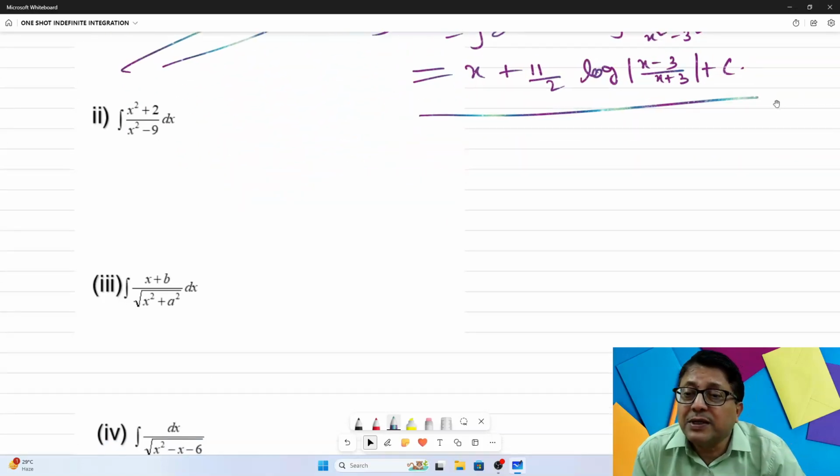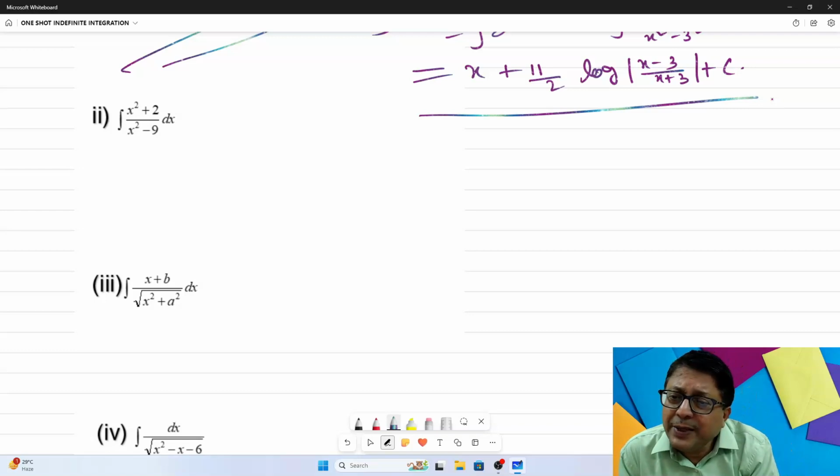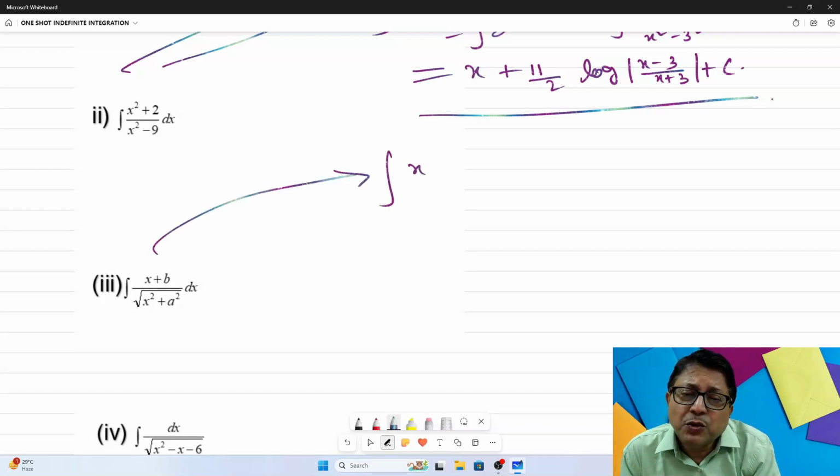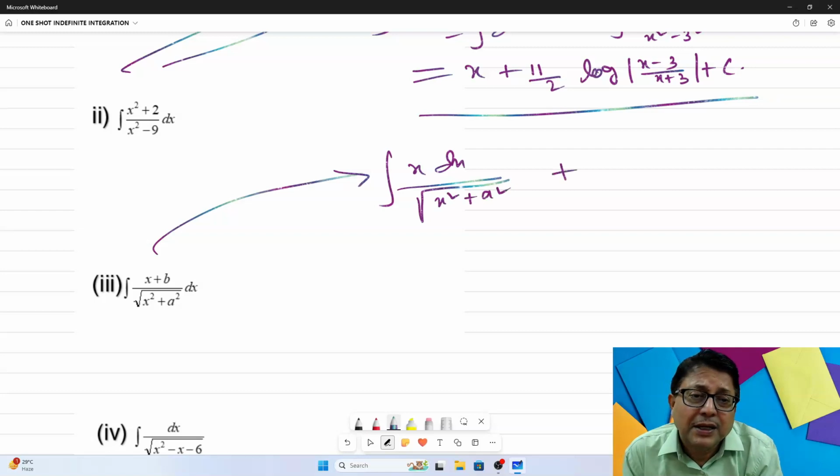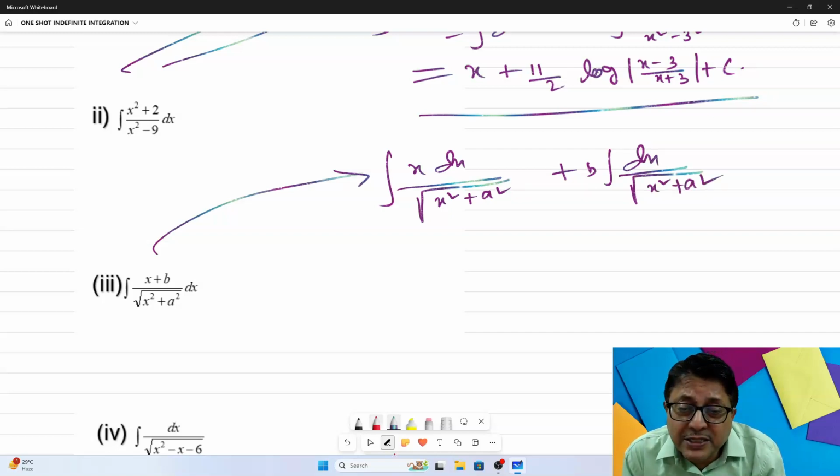And for the next one also a similar problem, but here x is there. So on separating this, you understand how to solve the first part and the second part separately. For this part, make a substitution.